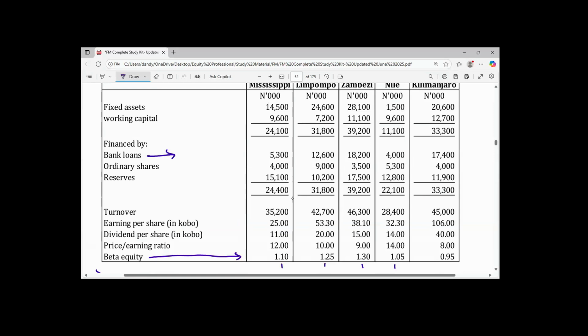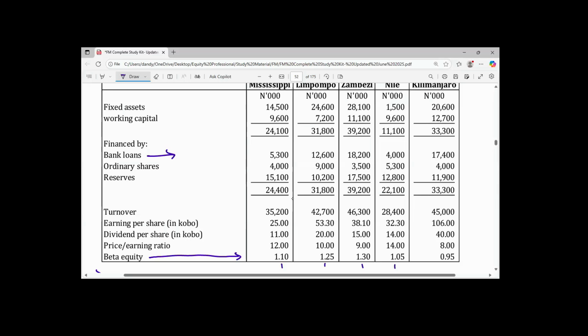I told you when I was explaining last week that the beta will be geared if the proxy company has debt in its capital structure, debt in the form of bonds, debentures, loan notes, or bank loan. So if the beta is geared, you need to ungear it. How do you ungear it? I demonstrated the formula for you.